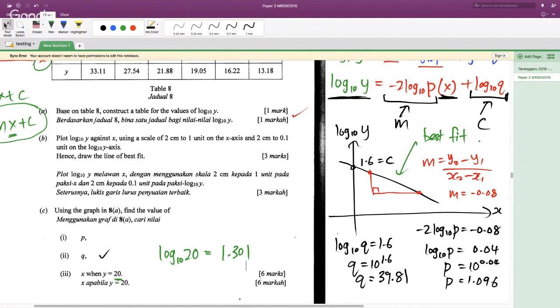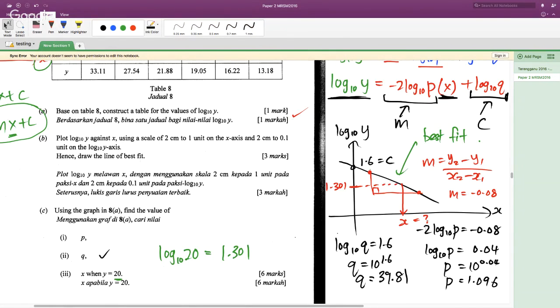Then from your graph, you try to find where exactly is 1.301, and then you draw across until you touch your line, and then you come down to find your x value. Okay, this is how you solve parts 1, 2, and 3.